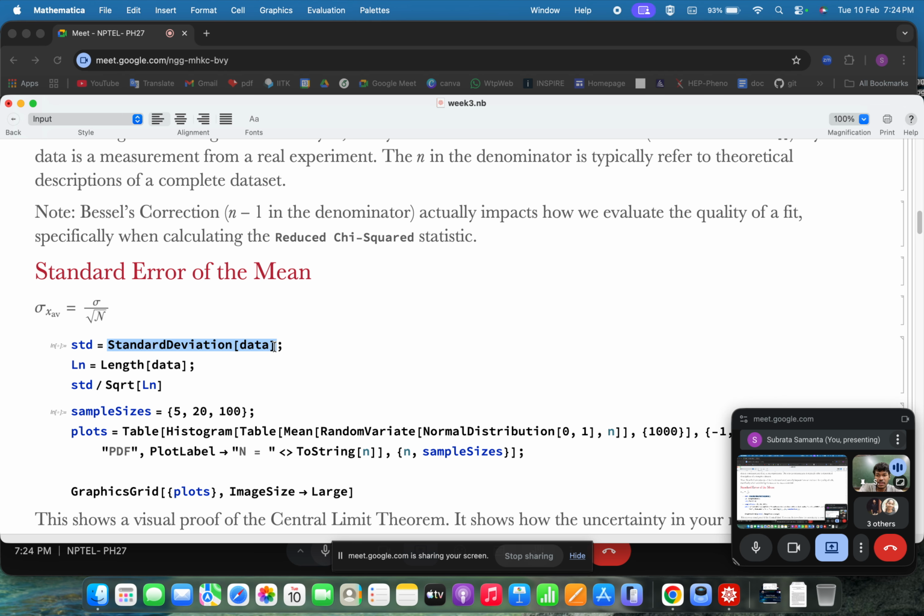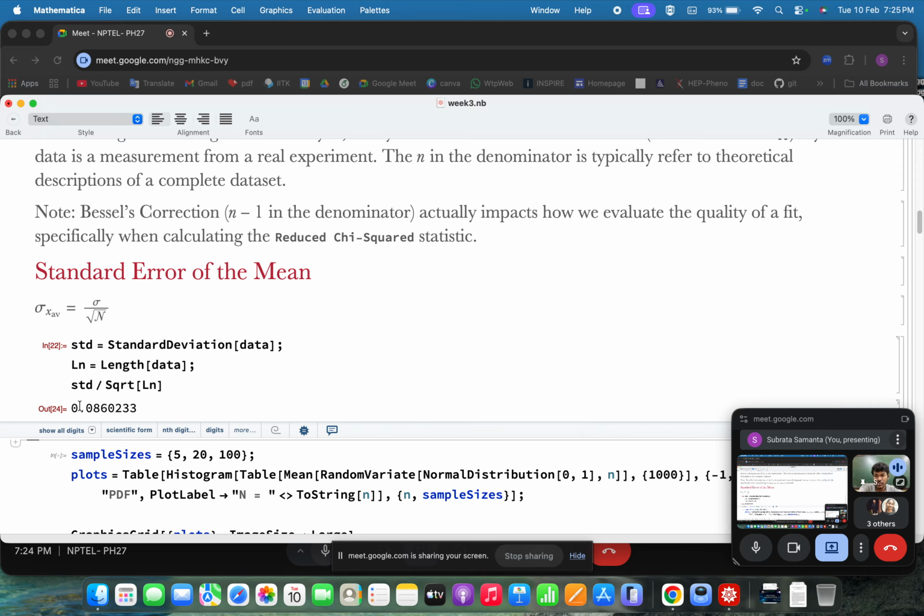So, this is the standard deviation, and then I calculate the standard error of this. I divided by the square root of the length, where ln is basically the length of the data set. So, you can quickly check this. This is your error of your standard deviation. Sorry.